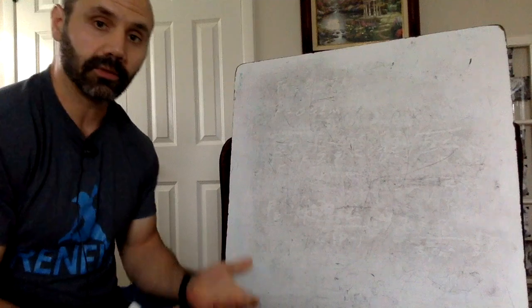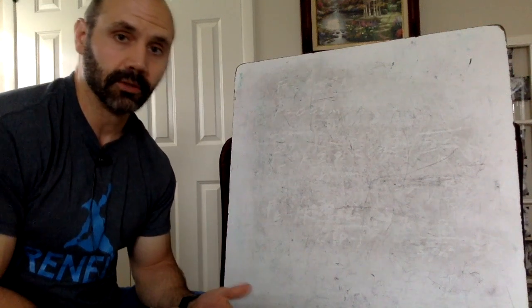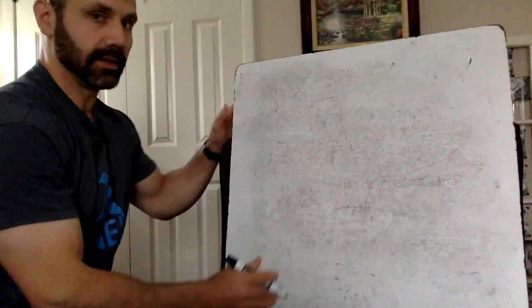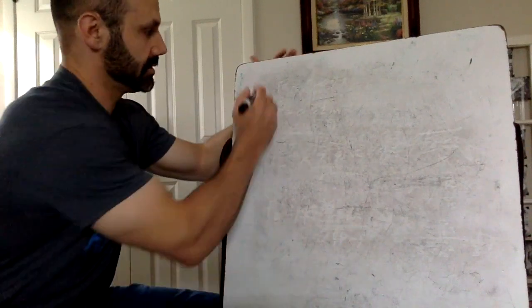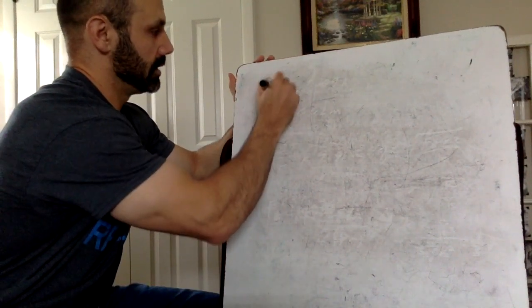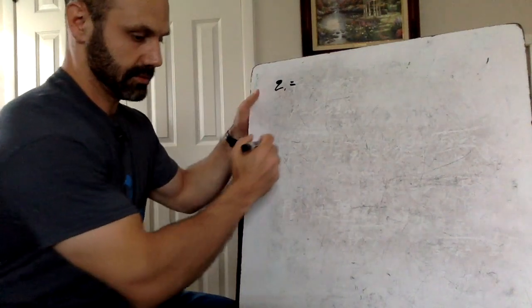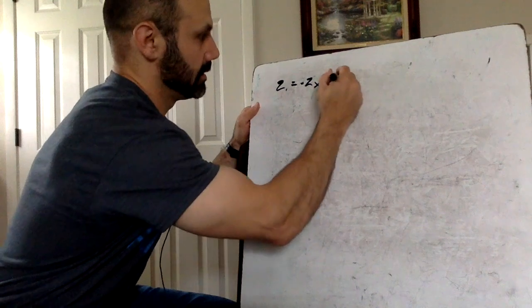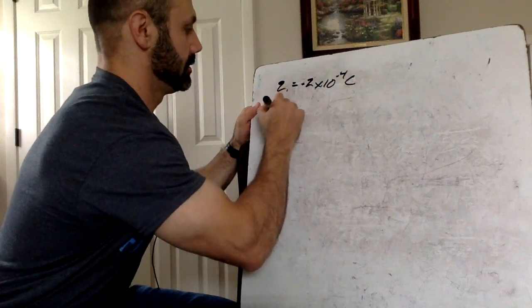All right, so number 9. First thing that we do, of course, is we write out everything. So if you're struggling, great problem solving strategy, you just say, Q1 is equal to -2 times 10 to the -4th coulombs.